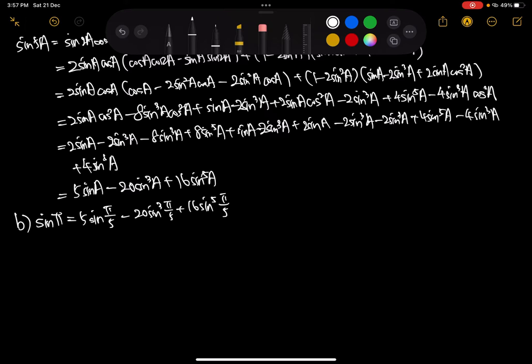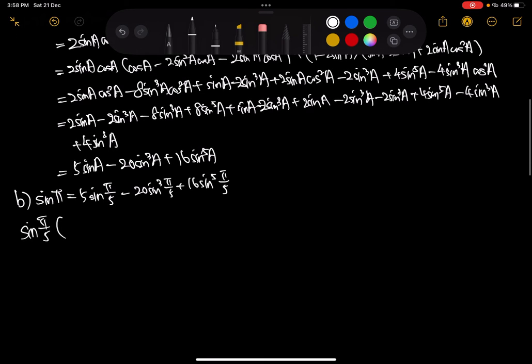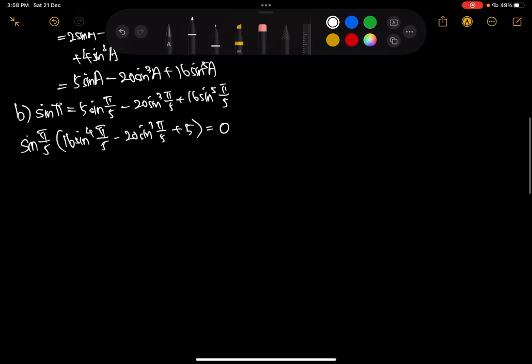So this is not that hard because this is 0 and every term has a sine pi over 5. So we have this, and then with a quartic equation, that's 0 obviously.